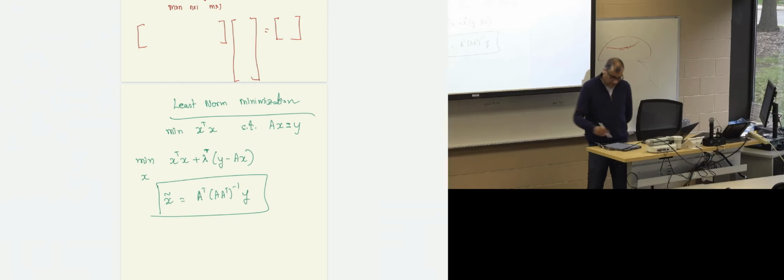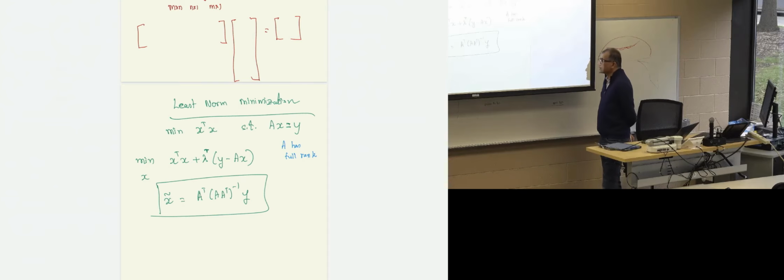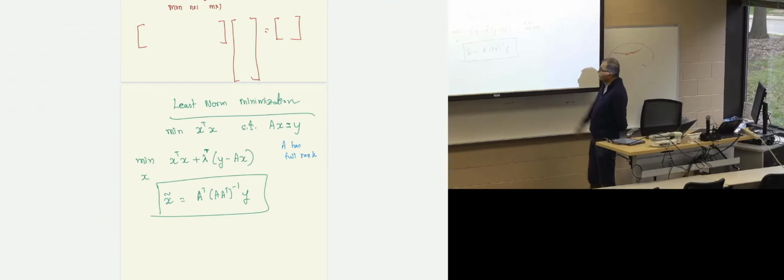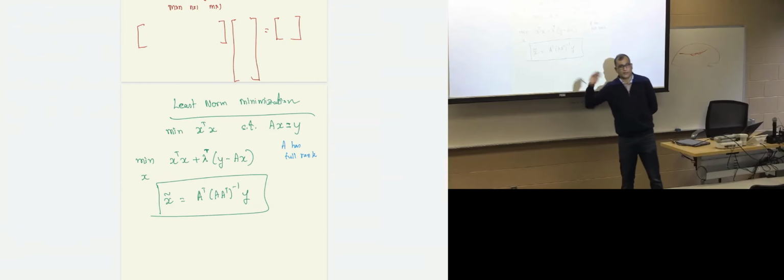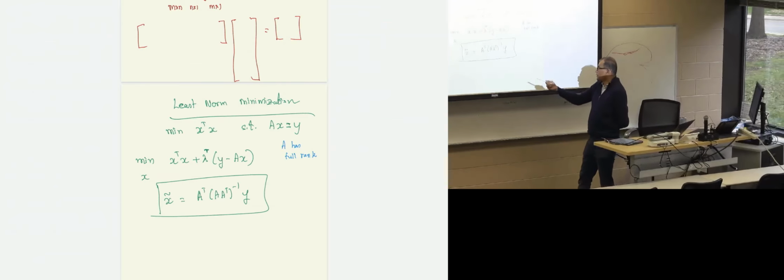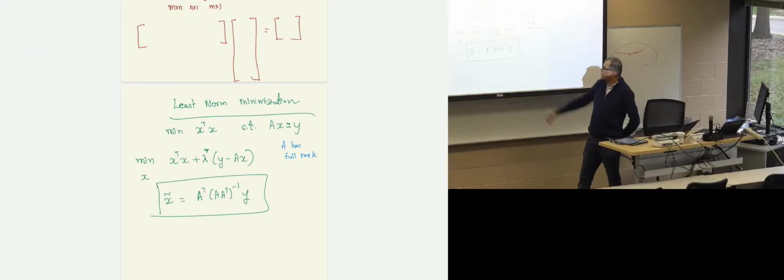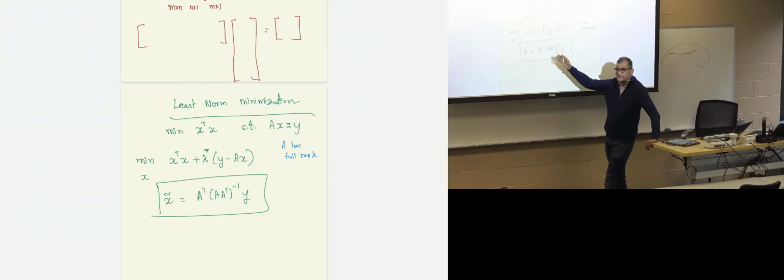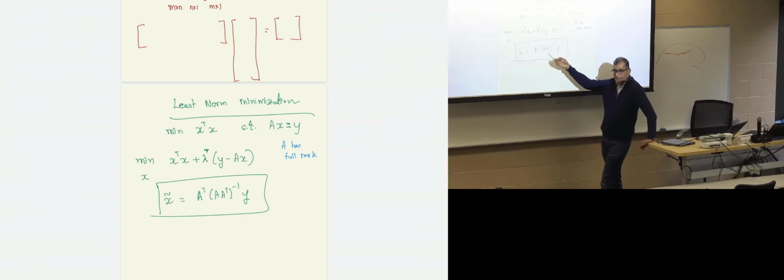And again, here we've assumed A has full rank. If A does not have full rank, then you cannot directly invert. But that's okay. Whenever it's not invertible, what would you use? Pseudo inverse, yeah, or the SVD.